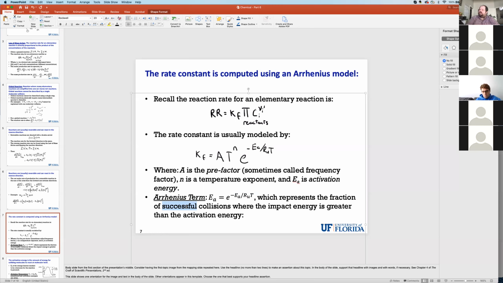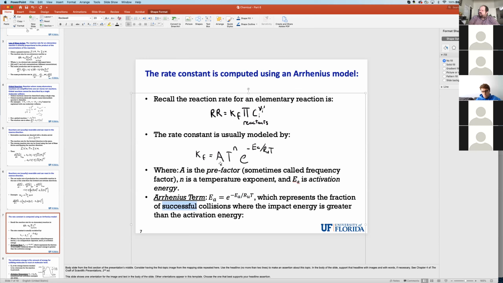a chemical reaction. And this expression here, sans this temperature term, you can actually derive it from the kinetic theory of gases. And in the other class, I do that. In theory, this represents the fraction of successful collisions.